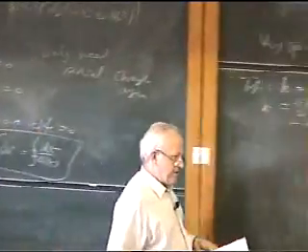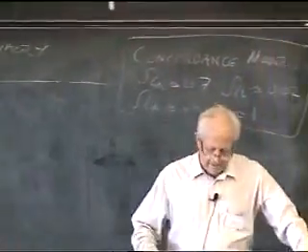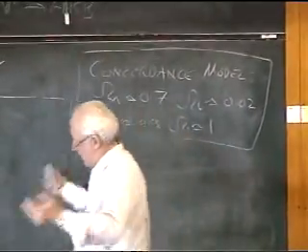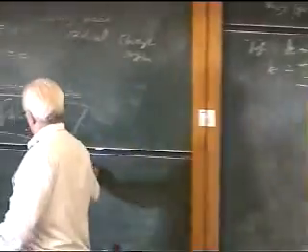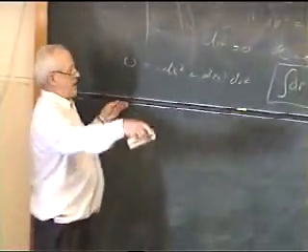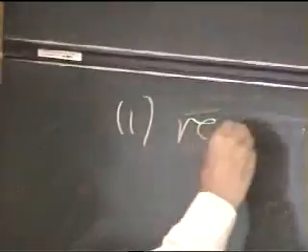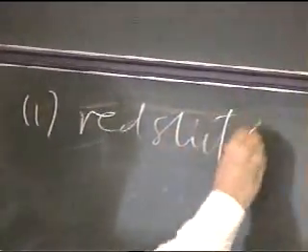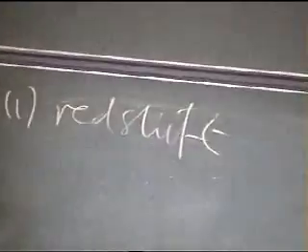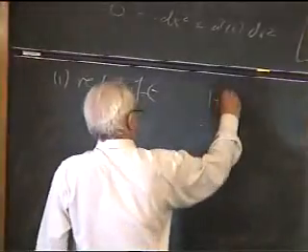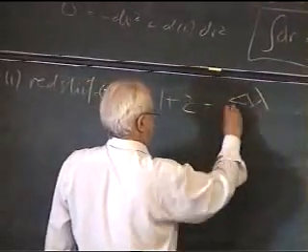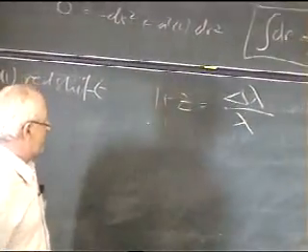Now, from that, you can deduce what you basically need, and I'm not going to do a whole in-depth calculation of everything because they are in those notes. I want to just point out what the basic features are, and the first feature is redshift. And you've all heard about redshift, and that is 1 plus z is delta lambda, the change in wavelength over the wavelength emitted.